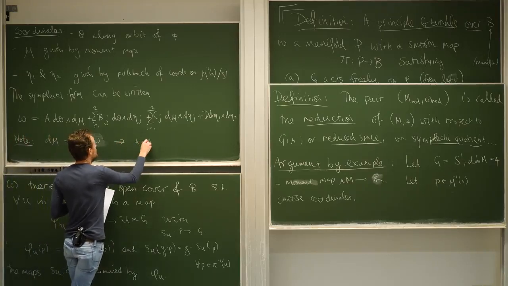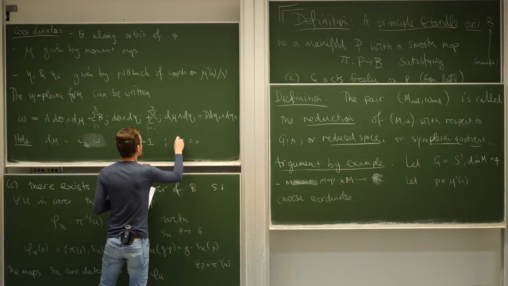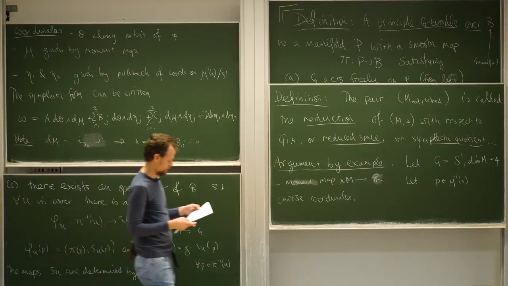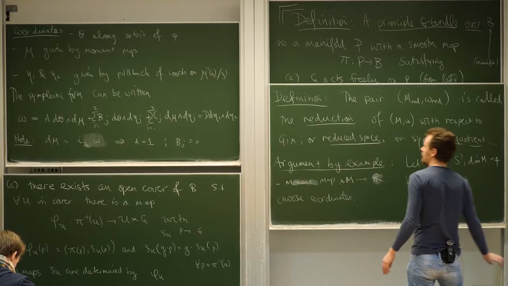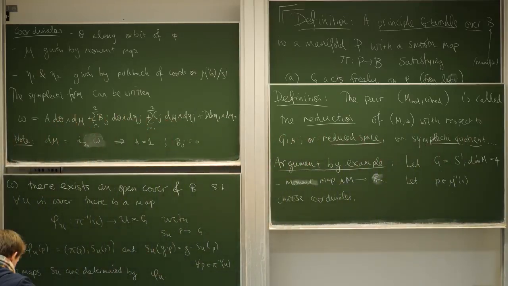It tells us that A is equal to 1 and the B's are 0. We know it's a symplectic form, but do we know if it's a pullback of this symplectic form on M red? We don't know yet. But we've got some data now.